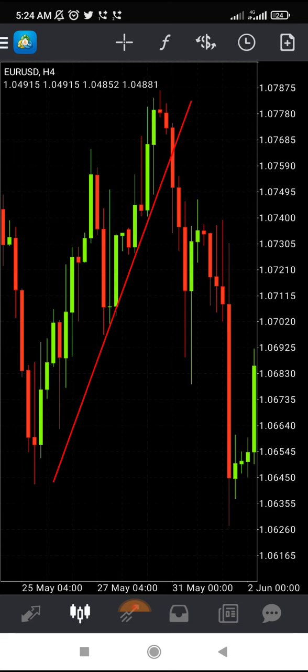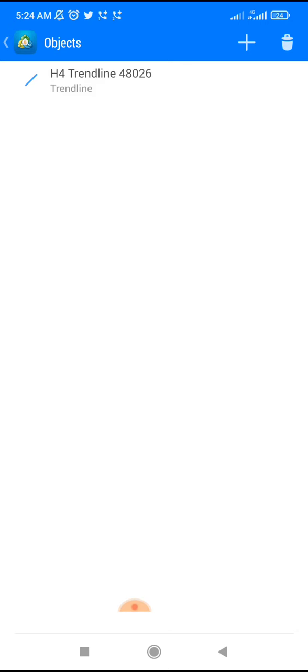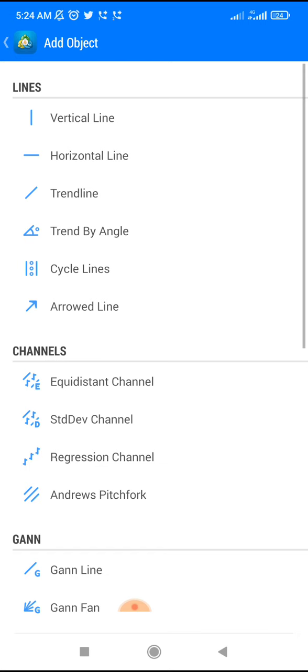Once you draw your trend line and there's an M and W pattern. What is M and W? Let me give you a clearer example so that you understand.